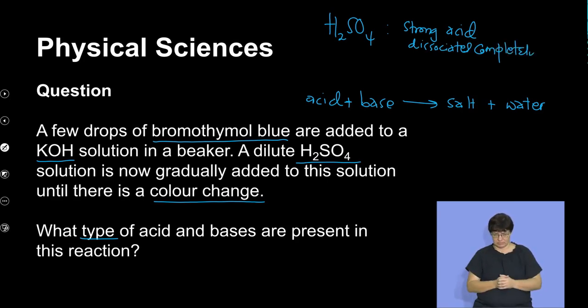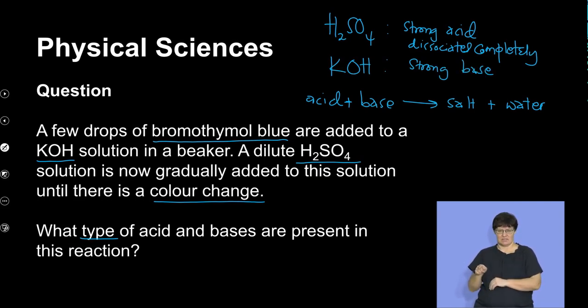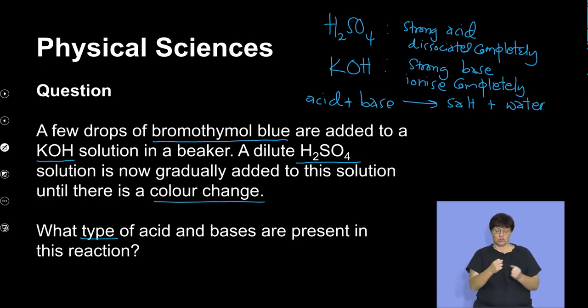And then we also have potassium hydroxide, which is a strong base. Now, why is it a strong base? We know that all strong bases ionize completely in solution. So complete ionization and complete dissociation are the characteristics that we use to identify the acid and base in this particular reaction. Right. Okay.